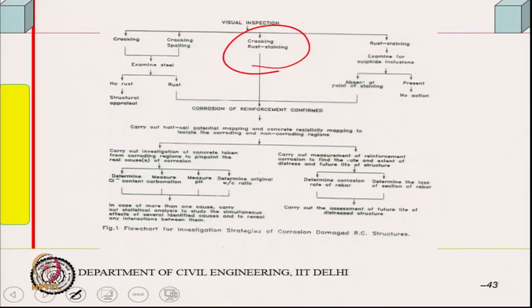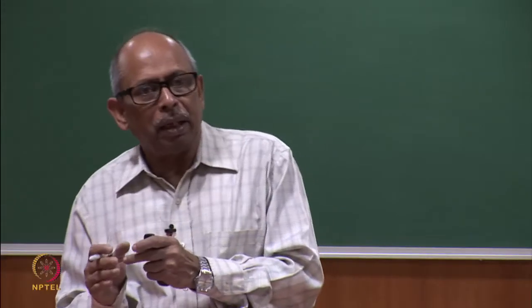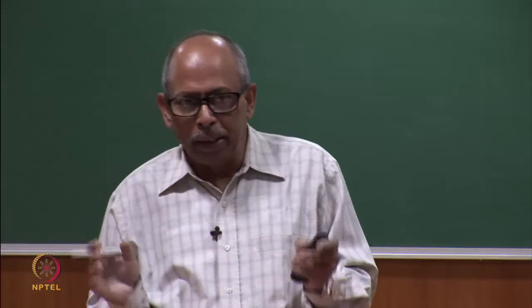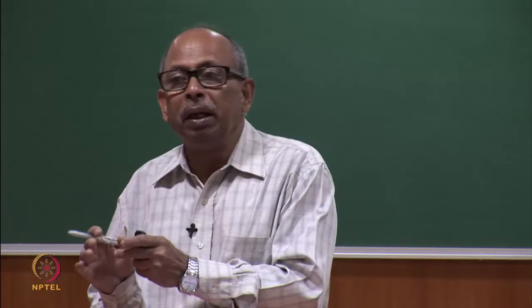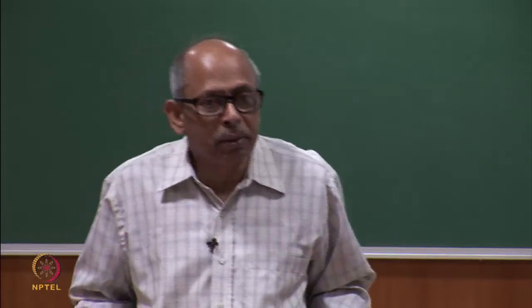If you get rust stains, then corrosion is occurring, right, or cracks, spalling, break it and see. Then you can do some chemical tests on the concrete, whether chloride or carbonation is there, and you can do some NDT on the structure itself to demarcate those areas which are potentially high risk, because half cell potential or resistivity tests will tell you that.